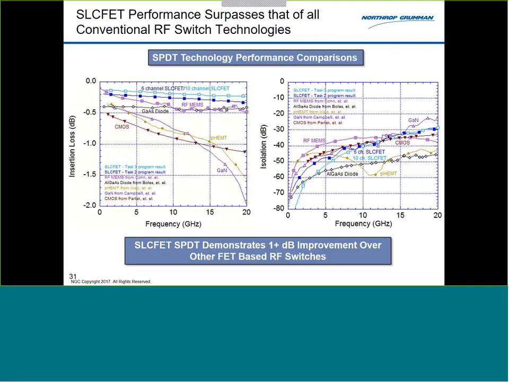If I return to that single pole double throw switch comparison that I brought up earlier, at the top now I've superimposed some results of our single pole double throw switches, broadband, DC to 20 gigahertz, for both the 6-channel and 10-channel SlickFET that you can see here. Across the band, we're getting great isolation, 30 dB, but now we're achieving a quarter dB or better of loss, which is as good or better than the MEMS can achieve.